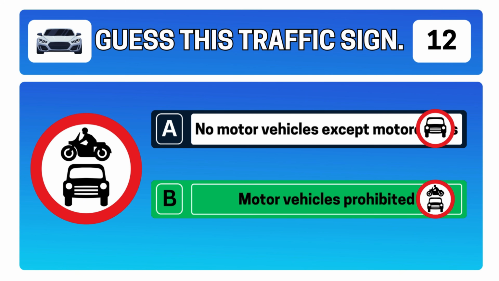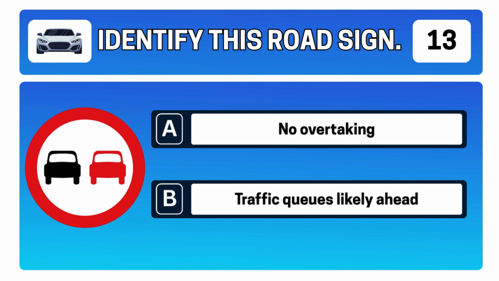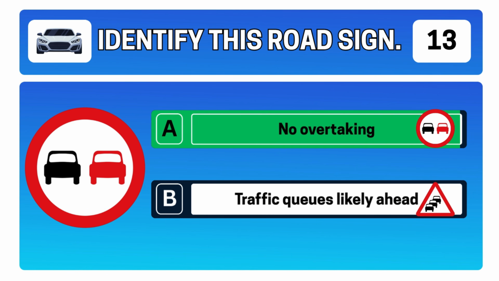Good observation. It is the motor vehicles prohibited sign. Identify this road sign. A. No overtaking. B. Traffic queues likely ahead. Well spotted. It is the no overtaking sign.